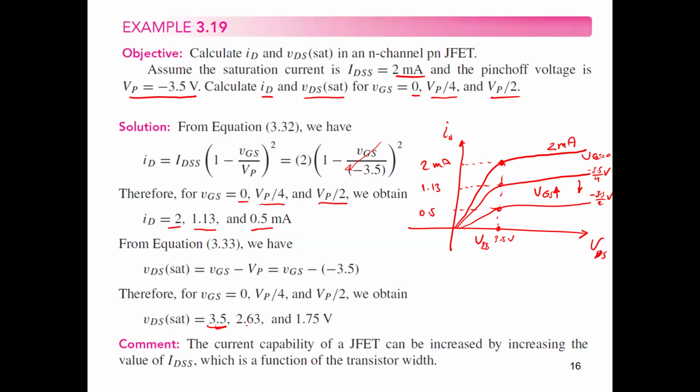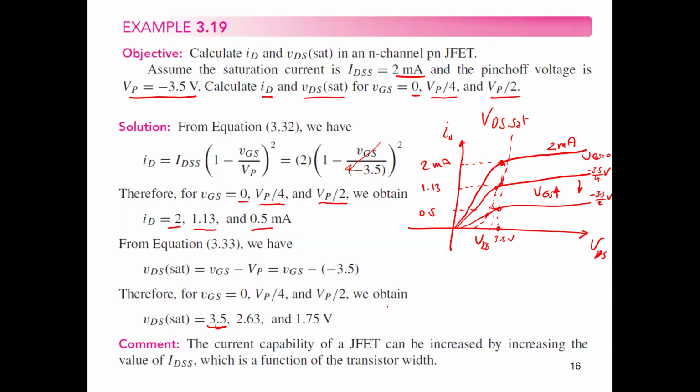For the second value, it would be 2.63. The saturation here is 2.63, and here it will be less like that. This is going to be the transition, the VDS saturation locus.